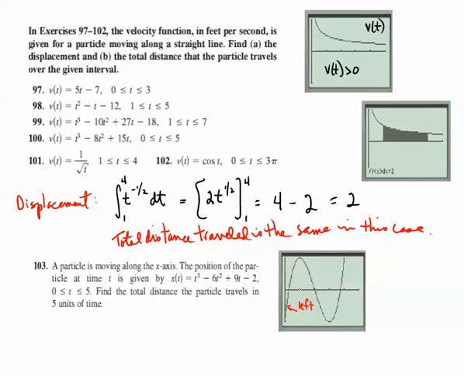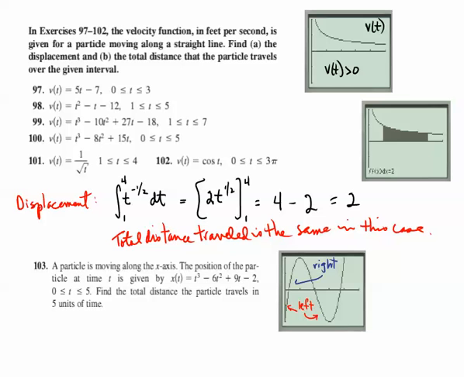Then it crosses the x-axis and begins to move right. The velocity becomes positive up until around 2, and then it begins to move left again. And then following this, it goes back to moving right again.